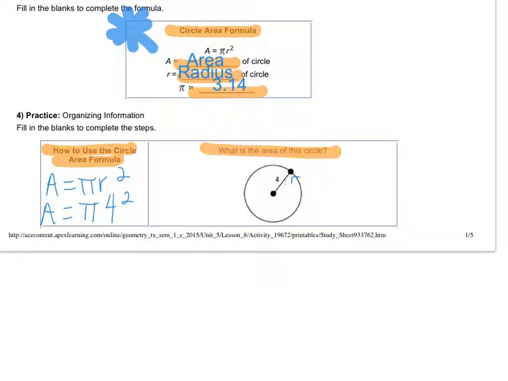You can put it in your calculator just as you see it, but don't forget to use 3.14 times 4 squared, which is 16. Your final answer for this one is 50.24. I know you may not have room on your paper to write all of this, so just write it on the side. They have a whole lot of steps on the next sheet, which I think are irrelevant, so I'm going to skip that.